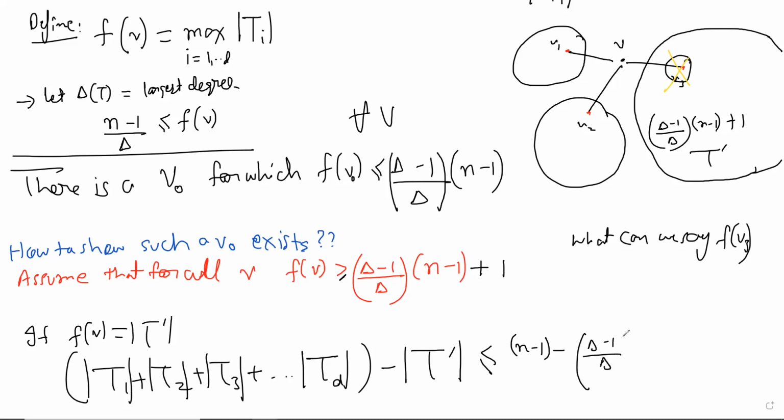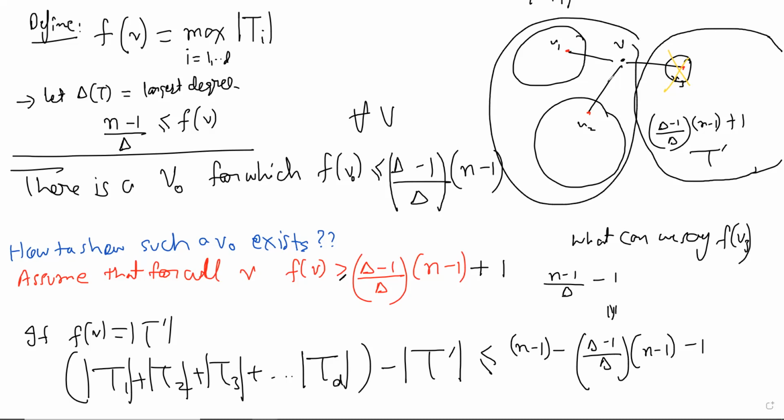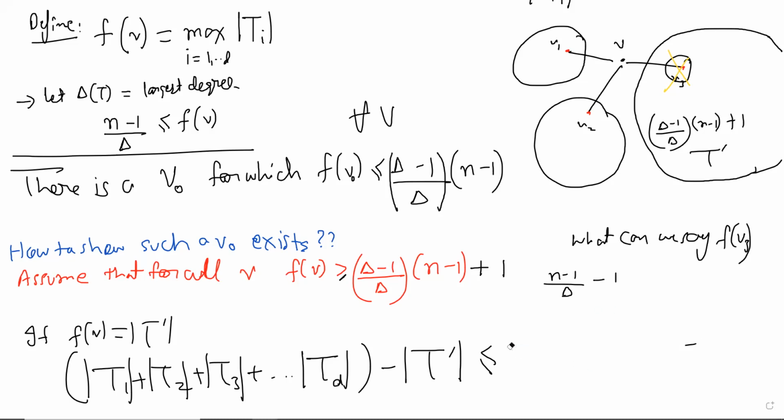And this is where the expression simplifies, which is equal to, this is simple, right? This is just n minus 1 by delta minus 1. That's the rest of the graph, if v3 is removed.